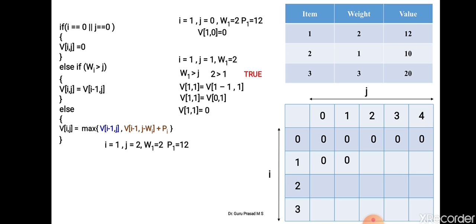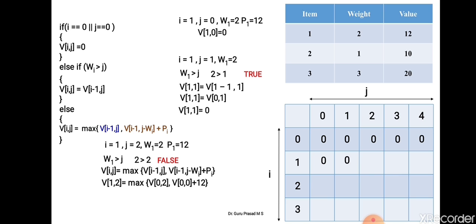Next, i equal to 1, j equal to 2, w1 is 2, p1 is 12. In the else if condition, is w1 greater than j? 2 greater than 2, false. So control goes to the else part, and the else part statement is this one. Substitute the i, j values: V of 1, 2 equals max of V of 0, 2, and V of 0, 0 plus 12.